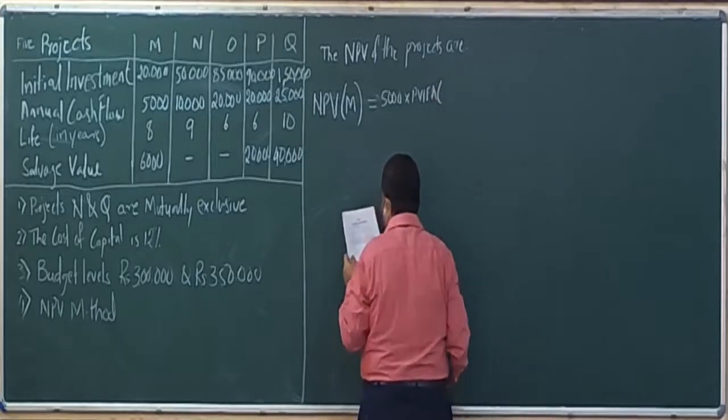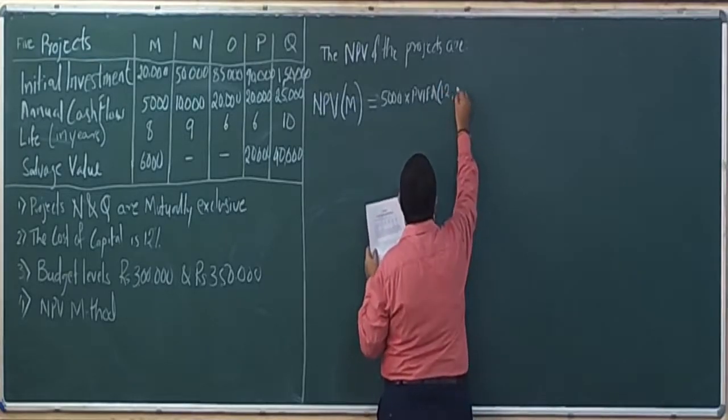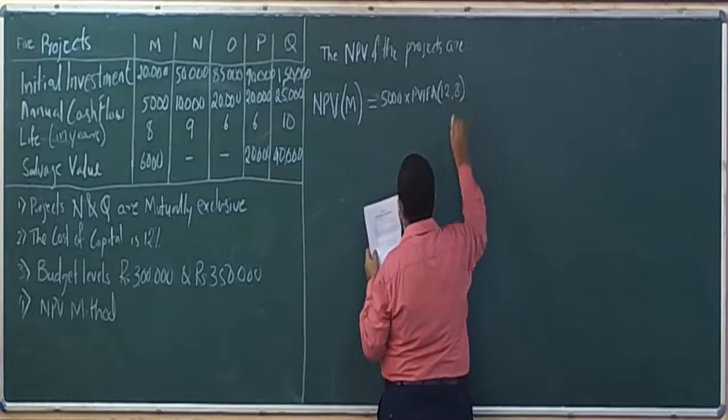You can refer to the table and find the annuity value. The cost of capital is 12% and the life of the project is 8 years.